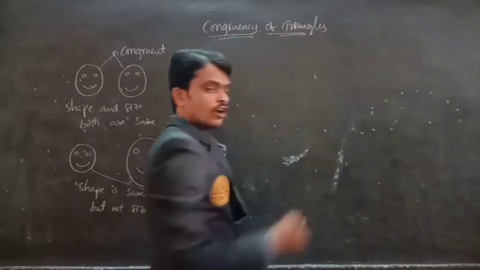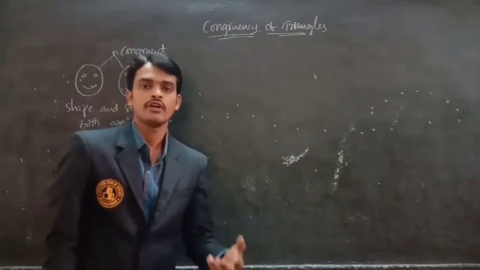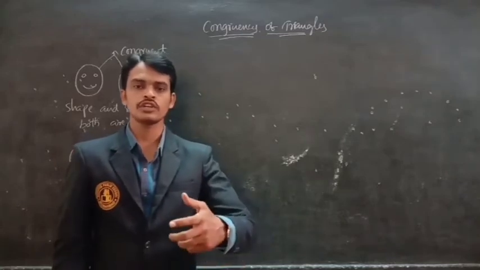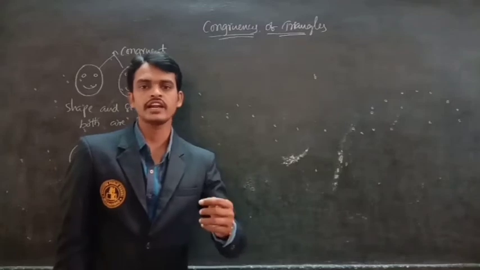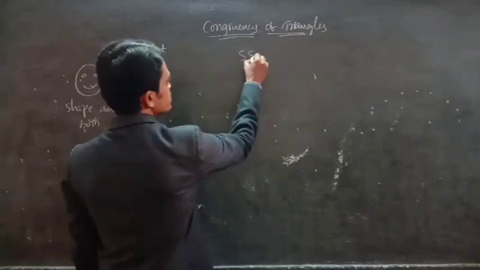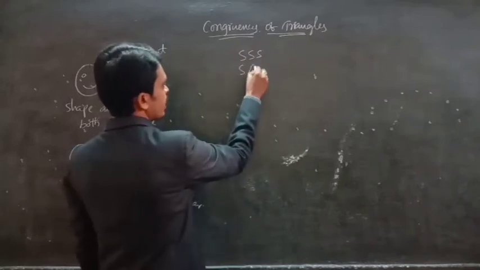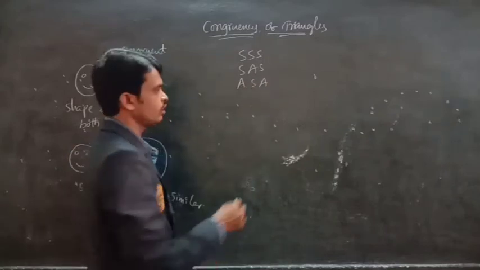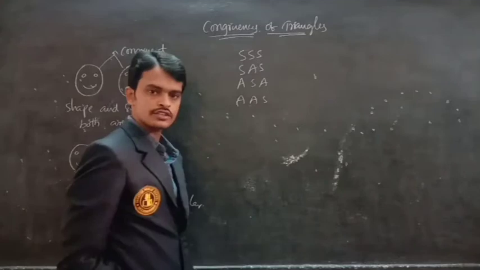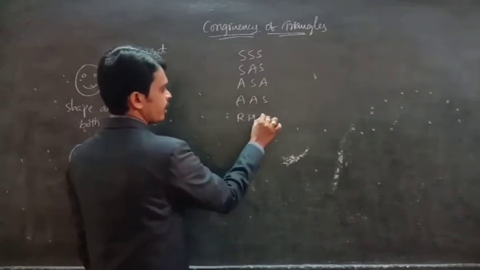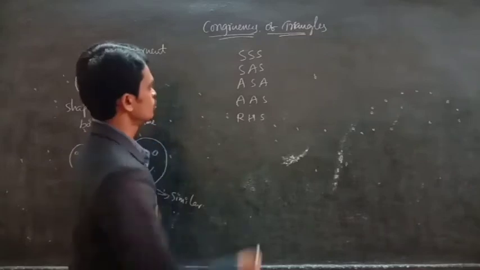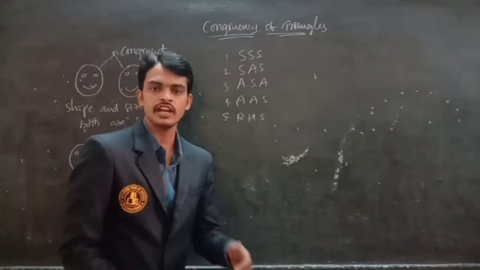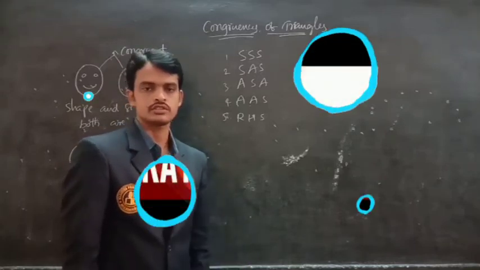For congruency of triangles, we have 5 types: side side side congruency rule, side angle side congruency rule, angle side angle congruency rule, angle angle side congruency rule, and right angle hypotenuse side congruency rule. 1, 2, 3, 4, 5. 5 types of criteria of congruency rules.